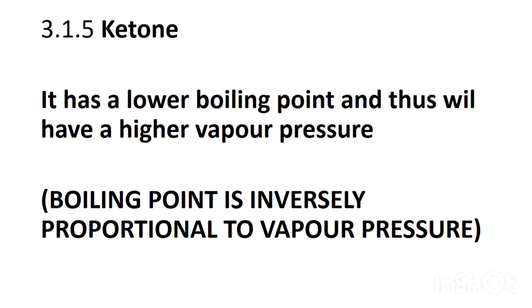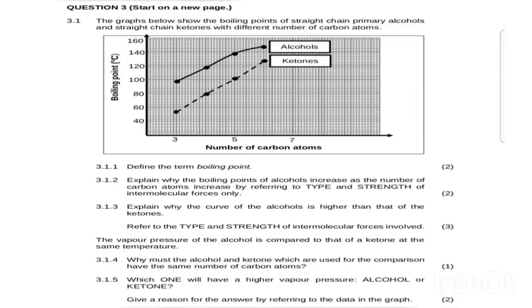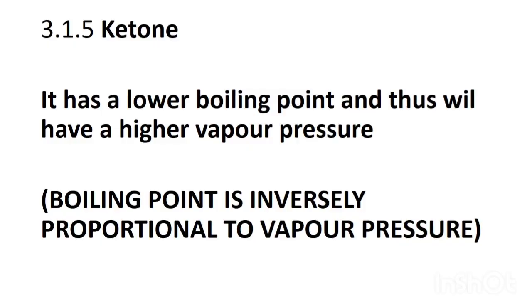You will remember that we said boiling point is inversely proportional to vapor pressure. And if you look at your graph here, you can see that the ketones have a lower boiling point as compared to the alcohols. So the ones with lower boiling points will obviously have higher vapor pressure. And that's how you could have answered the question.